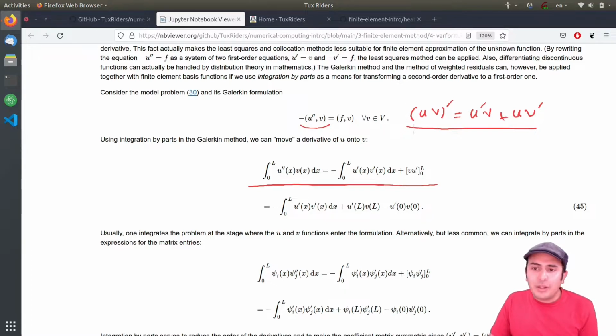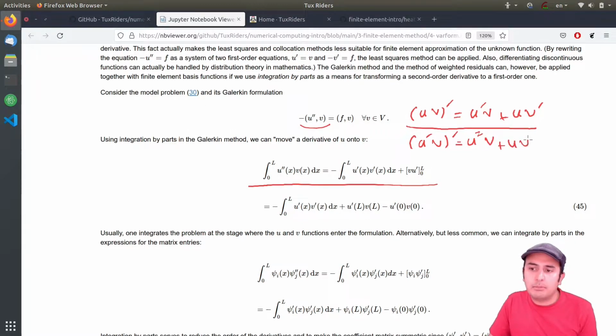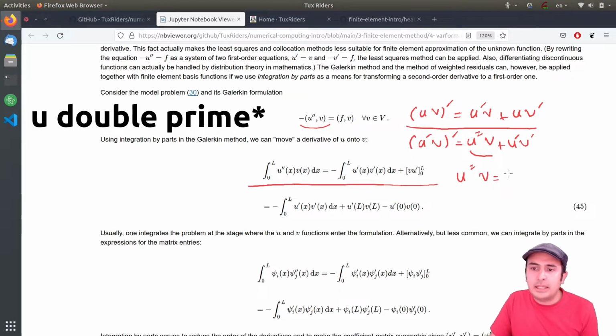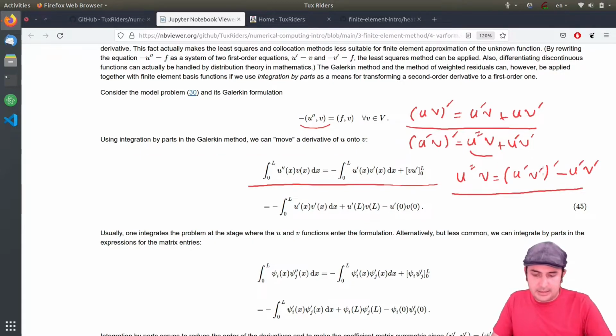So when you have something like this, imagine instead of this we have this one, u prime v. So we wanted the derivative of u prime v. It becomes something like this: u double prime v plus u prime v prime. So what we have here is actually this part. So we can say that u double prime v equals the derivative of u prime v minus u prime v prime. And I think this doesn't have v prime. Yeah, so something like this.